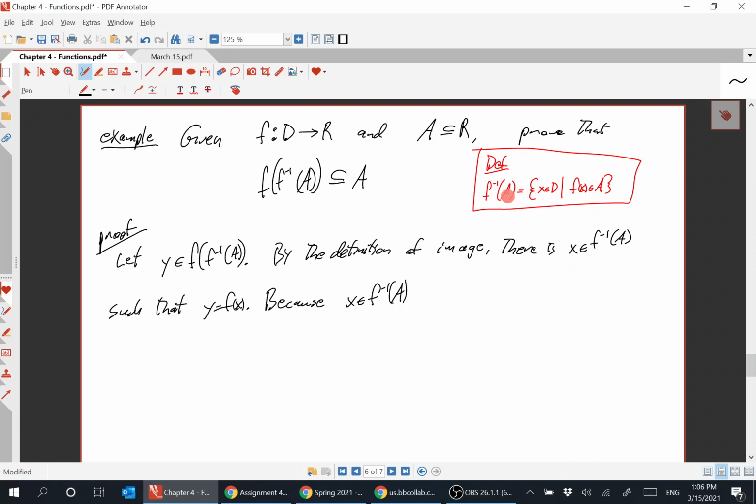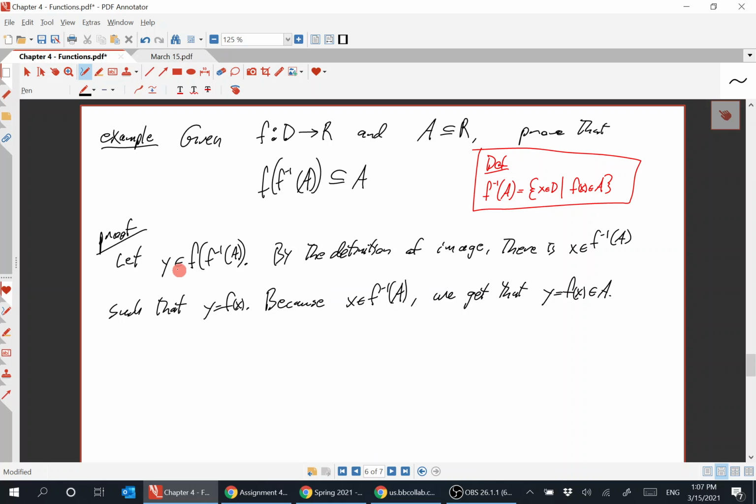Right, the preimage of A is the set of all x in the domain such that f of x is in A. So because x is in the preimage of A, we get what? f of x is in A. Yeah, y, which is equal to f of x, is in A. And that's what we wanted.